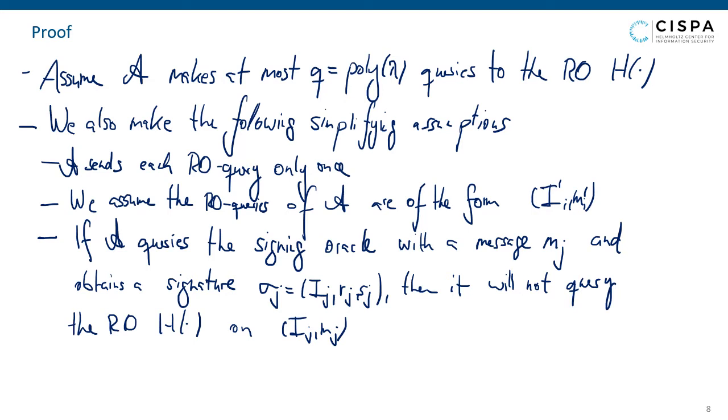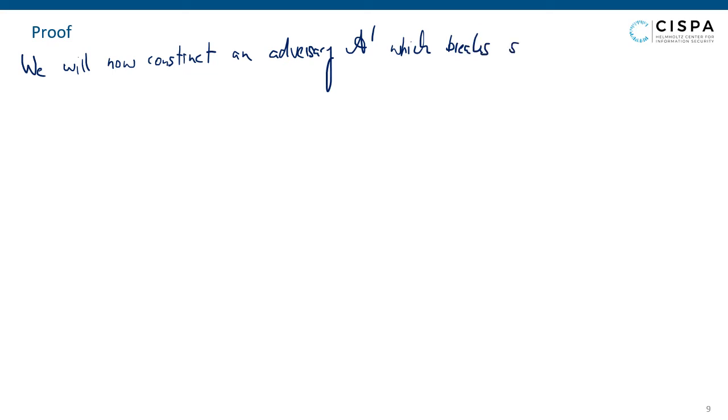Now that we have laid out these assumptions, we will construct an adversary A prime, which breaks the security of the underlying identification protocol Gen, P1, P2, V with probability epsilon divided by Q. Of course, since epsilon is non-negligible and Q is polynomial, this will also be non-negligible.